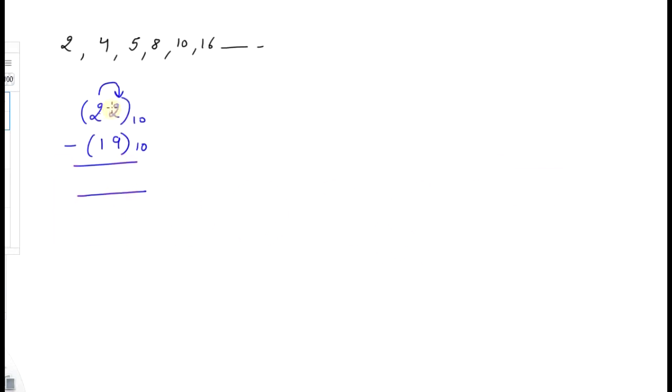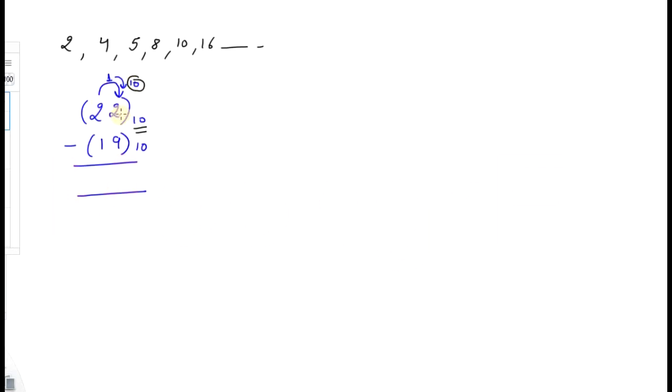When you take a borrow from this number to this 2, it becomes 12. When you take one borrow, it adds 10 to this 2, because the base is 10. So whenever you take a borrow, the base value is added. That is the main thing here.